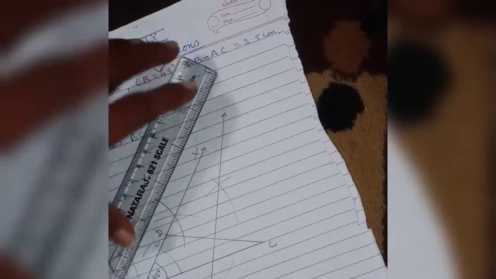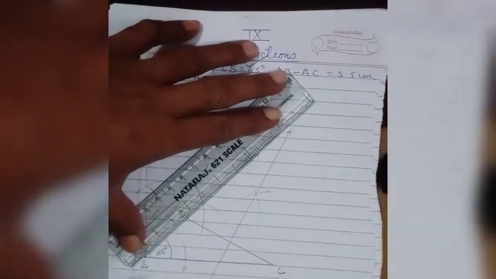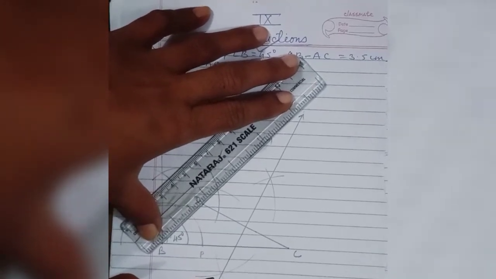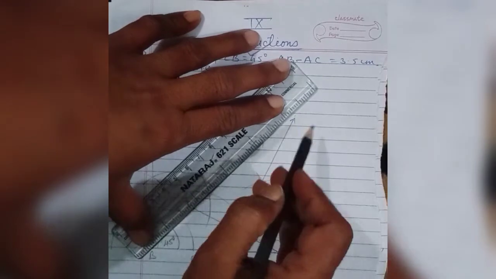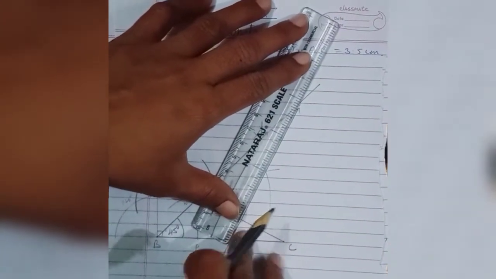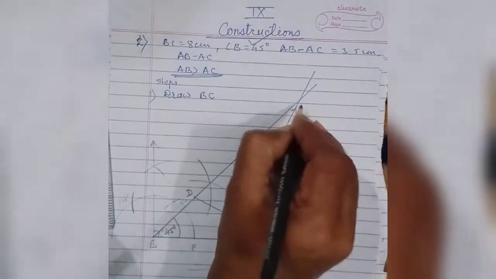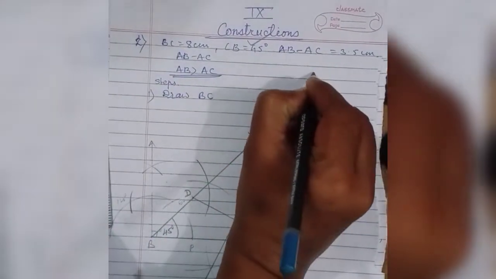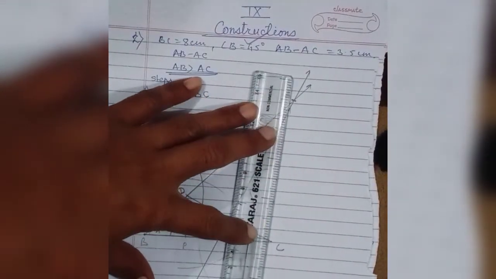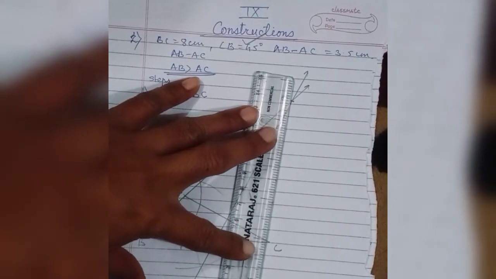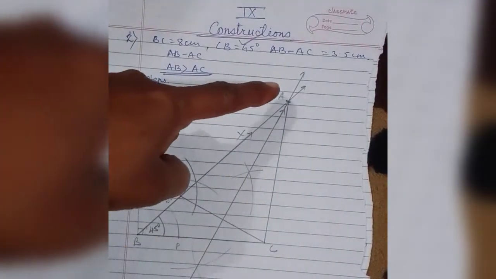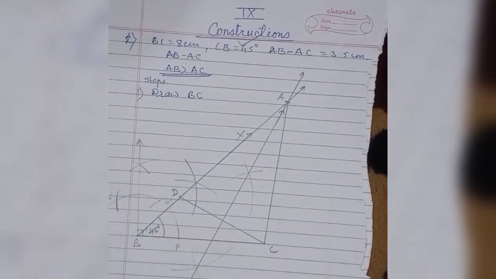Now extend this BX also. Like this, where they cross, that is our point A. Join this A and C. This is our required triangle ABC.